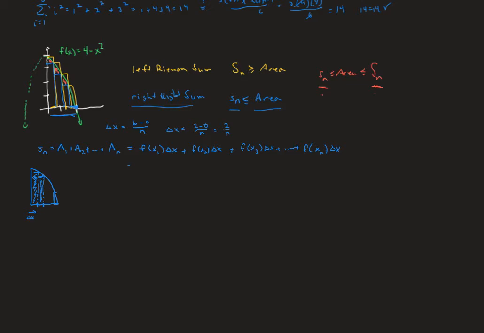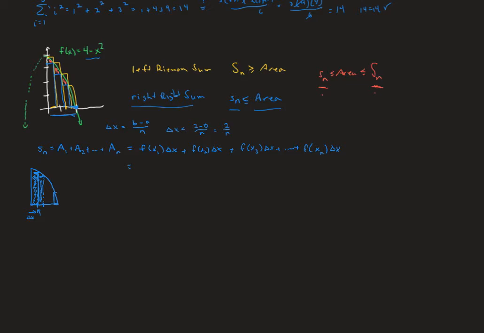So let's get some more detail in here and see what this is going to look like. Now, f of x sub 1, our f of x is this 4 minus x squared. Our x sub 1 is going to be right here. That's the right side of that subinterval of that first rectangle. That's what we're going to plug into our function.